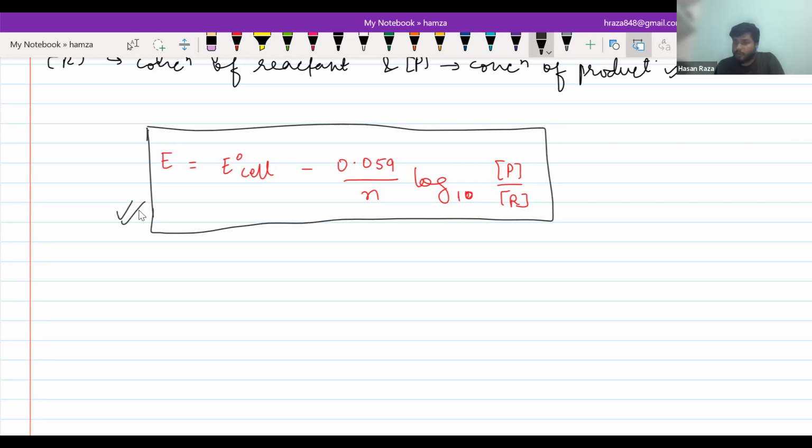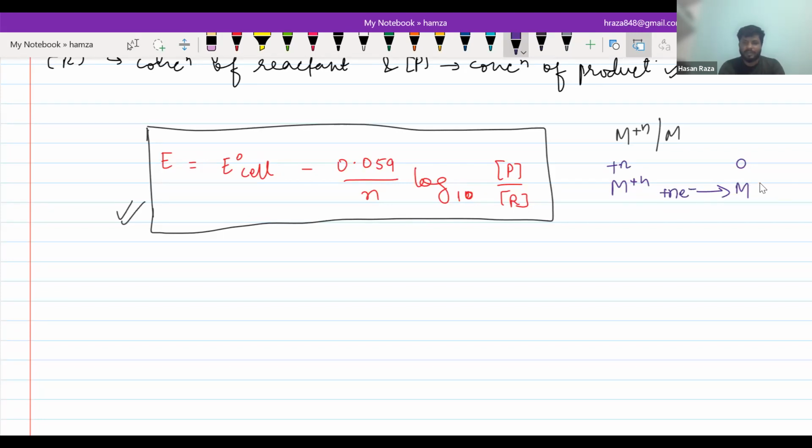And from representation, you need to write an equation. You know how to write an equation. If the representation is given like m plus n and m, you know that m plus n is converting into m, that is oxidation state 0, and here the oxidation state is plus n. How does it become 0?